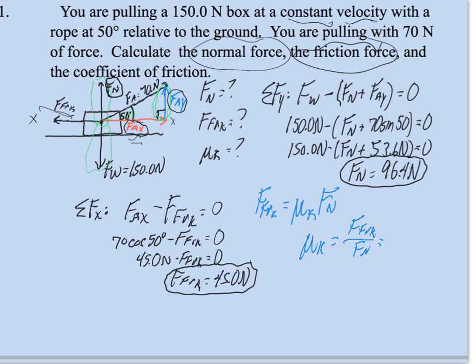And do I know the friction force? I do, it's right there, 45. Do I know the normal force? Yes, it's right there, 96.4. And I divide that out, and I end up with a mu value of 0.467. Remember, there is no unit for coefficient of friction.